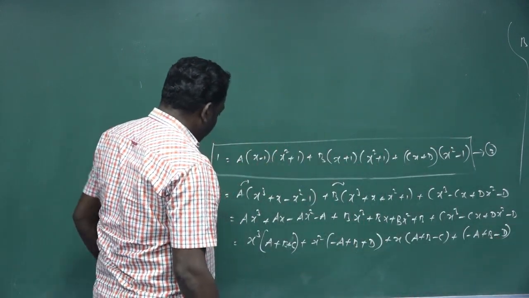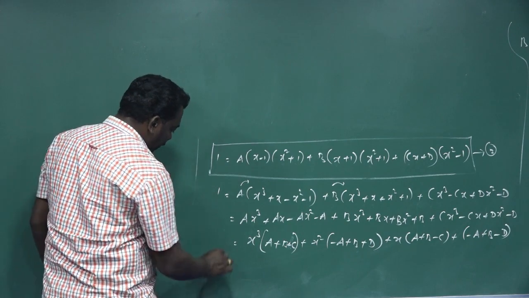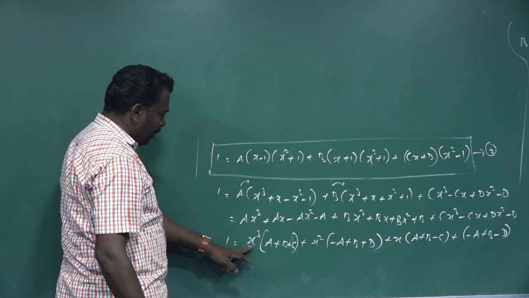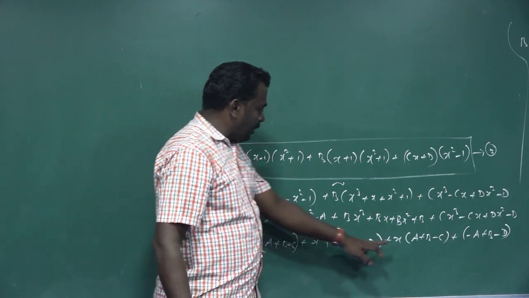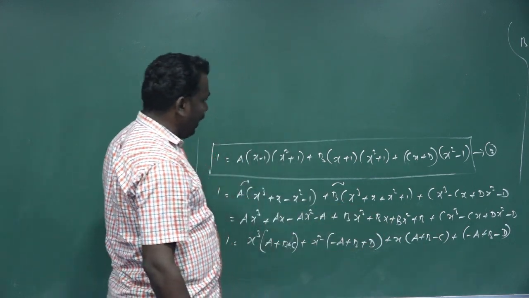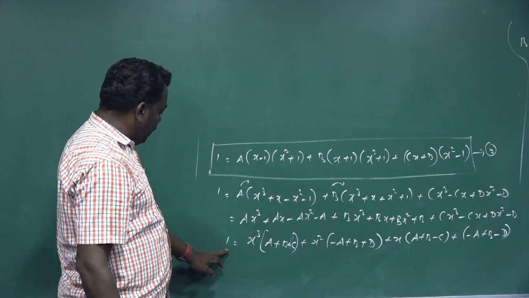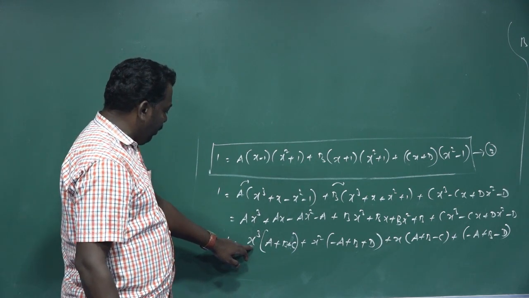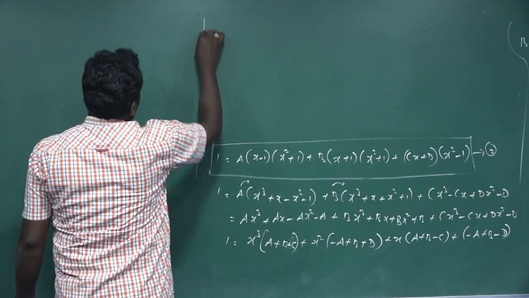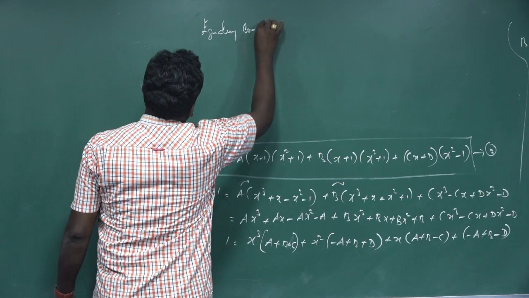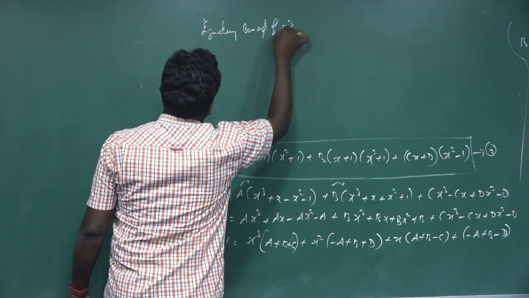Now using this equation, we have to equate the coefficients of x³, x², x and the constant term to find the remaining two unknown values, c and d. First, equating the coefficient of x³.